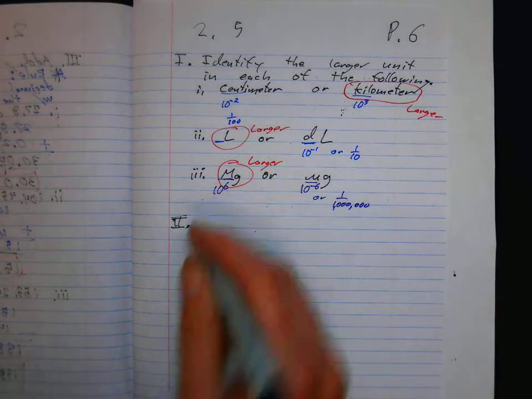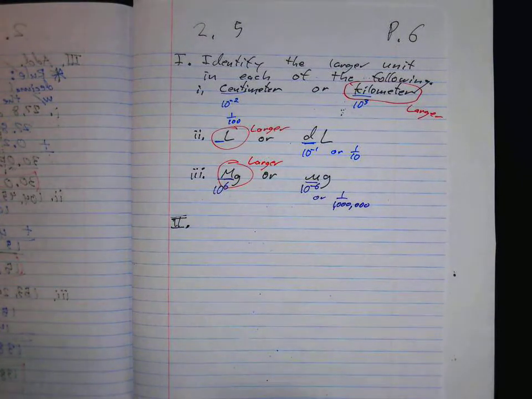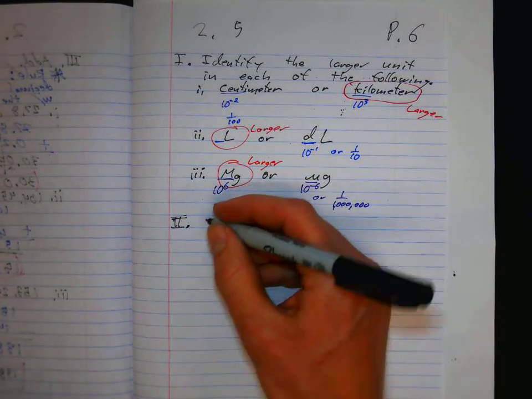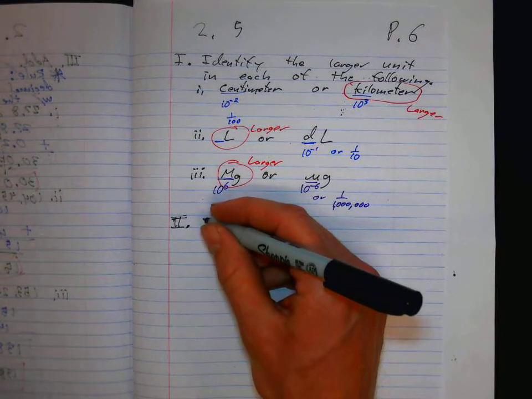Roman numeral 2. We're going to write metric equalities.